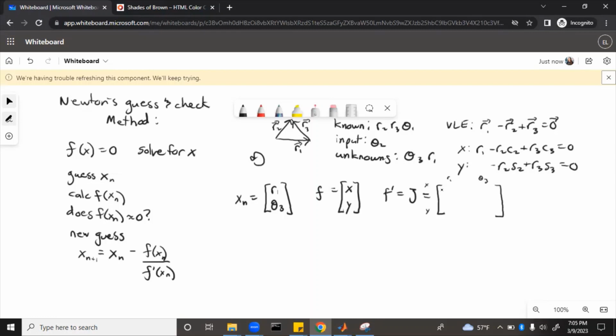So we just look for the coefficients of R1 and theta 3 from the velocity equations, or the partial derivatives of R1 and theta 3 from these X and Y. So that will be 1, 0 for R1, and for theta 3, we'll have negative R3 S3 and R3 C3. Okay, those are the partial derivatives. For more details on how you get those, look at the JVA math video, click the link up above. Anyway, now we've got what all of these things are, and we just need to go over and put them into Matlab.